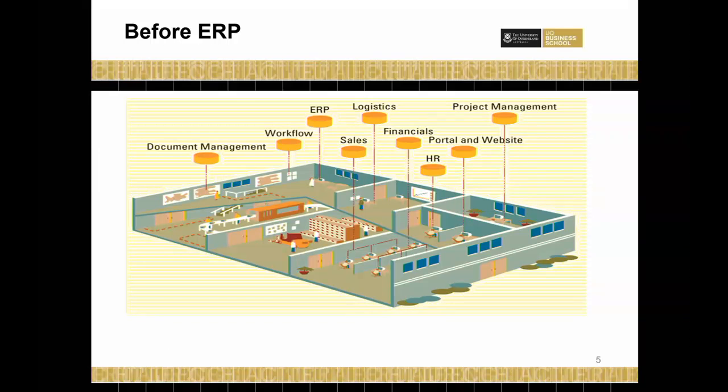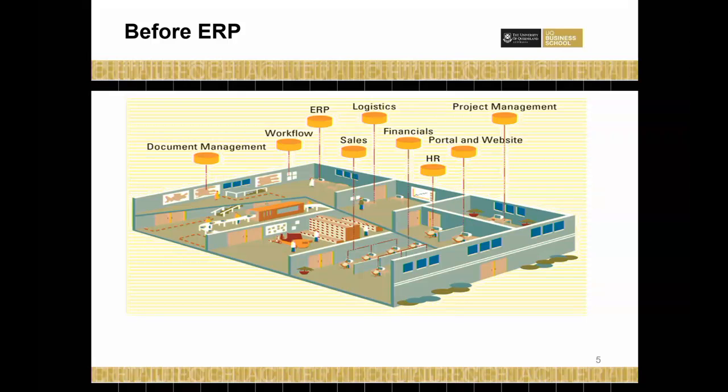So that diagram illustrates it nicely. Here you have an organization, and those yellow discs illustrate the ERP system, or the systems, in each department. You see some departments even have multiple systems, and none of those systems is integrated.